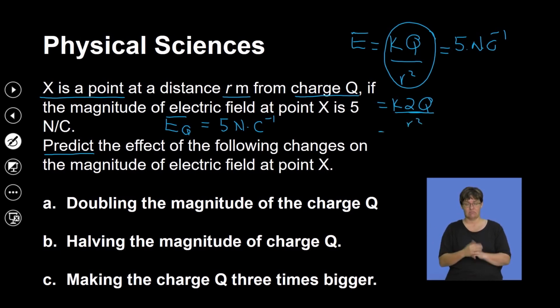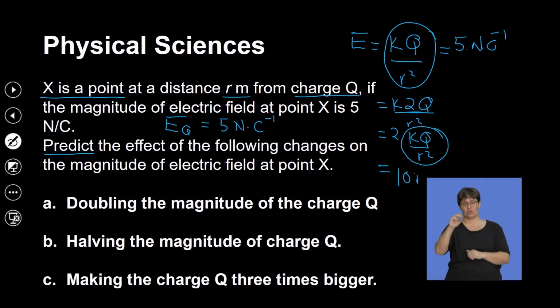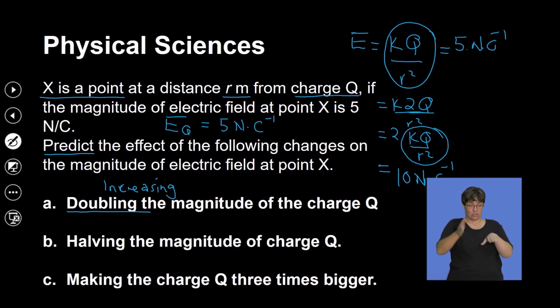So this is like 2 K Q over R squared. So this is actually double 5 newtons per coulomb, which is equal to 10 newtons per coulomb in terms of the magnitude. So once we double the magnitude of the charge, a bigger magnitude of charge at the same point will have a stronger electric field at the same point, right? So that's exactly what we're talking about.